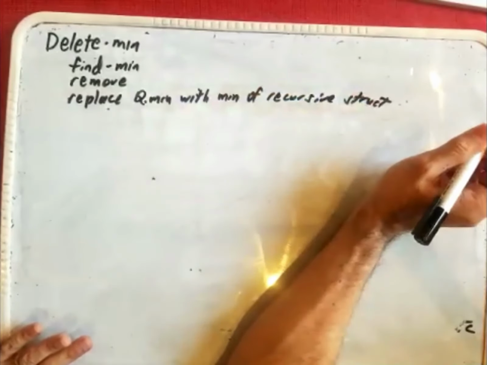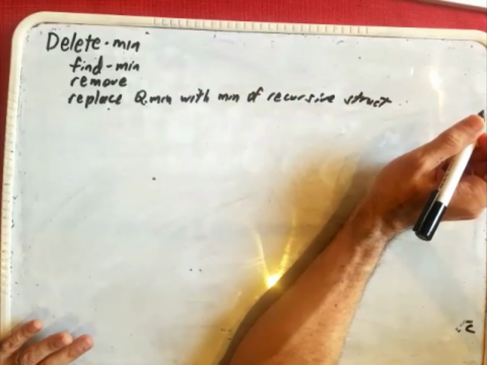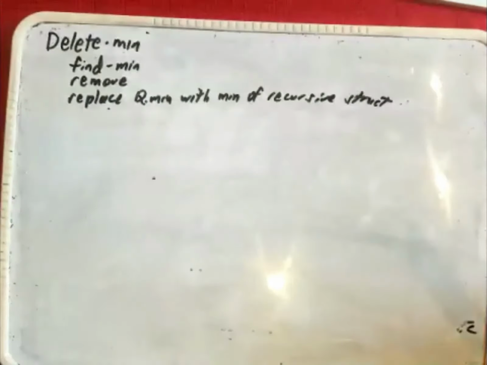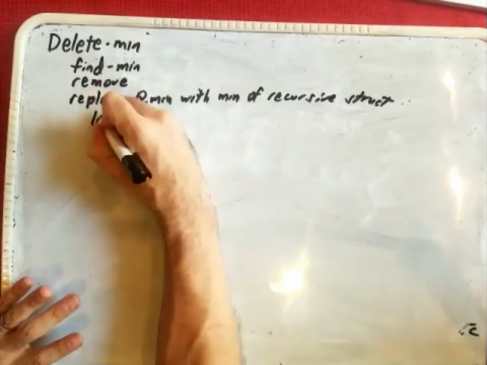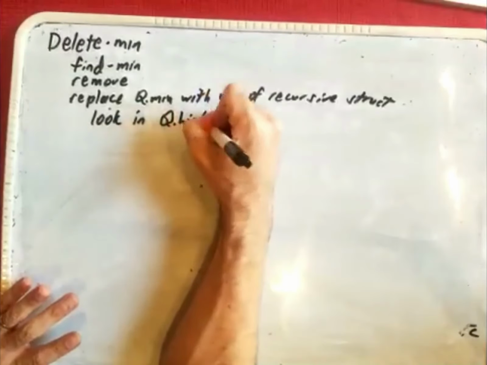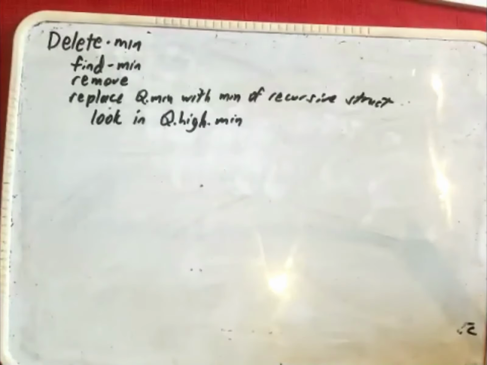Right? So how do we find the smallest element in the recursive structure? It's the min field of q.high. Exactly. So we look in q.high.min, right?